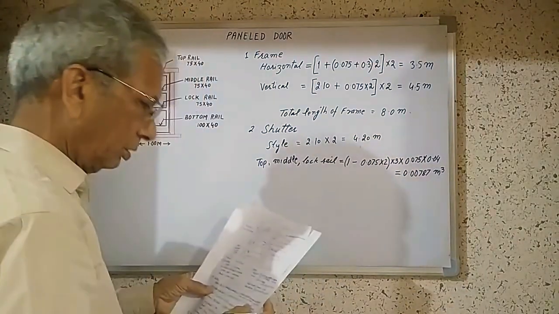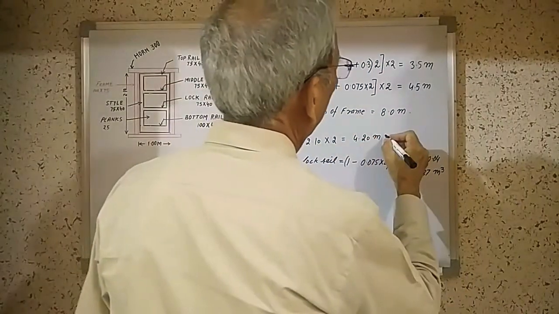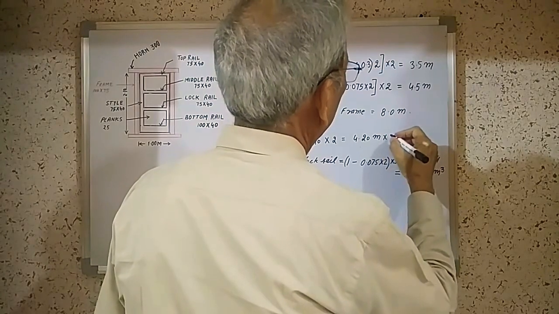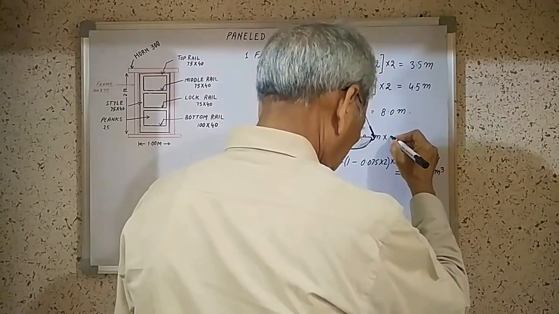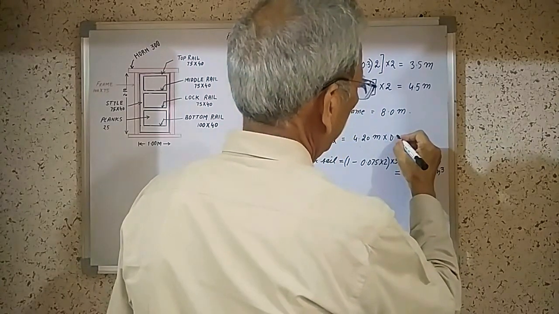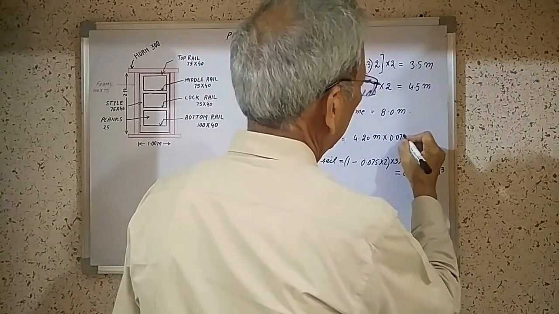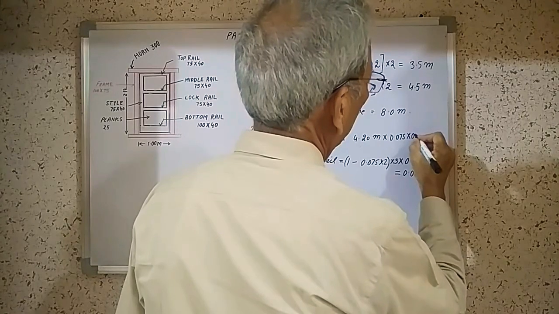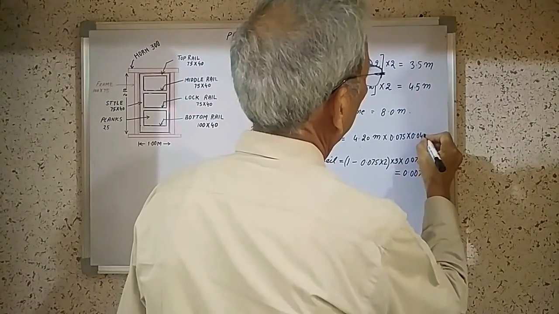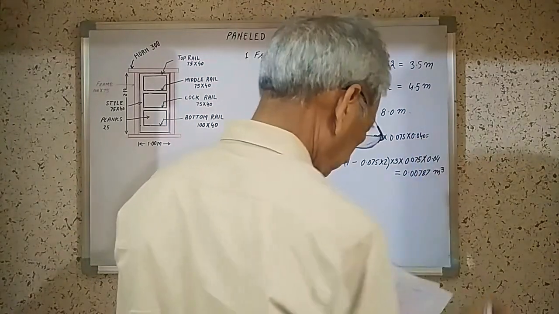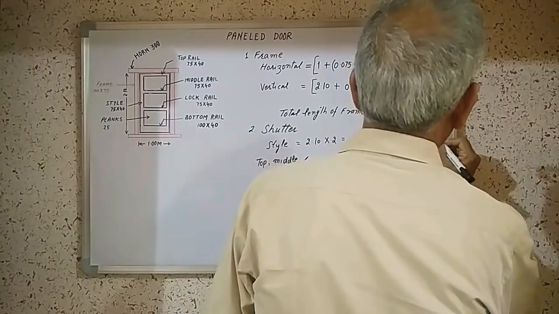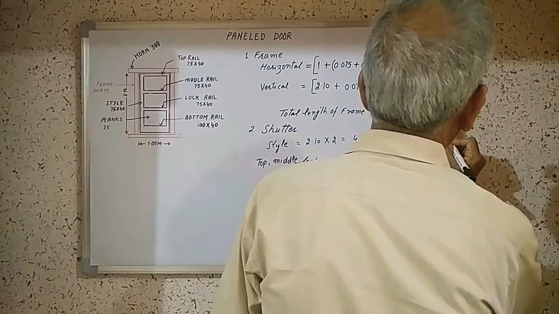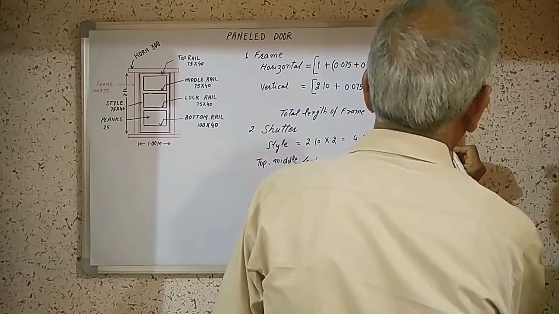Similarly, for the stile, we will calculate the quantity in cubic meter. Now, it is again 0.075 multiply by 0.040. It will be equal to 0.0126 cubic meter.